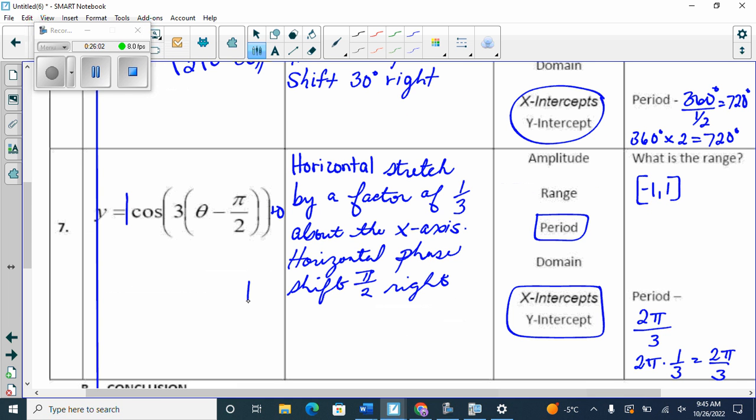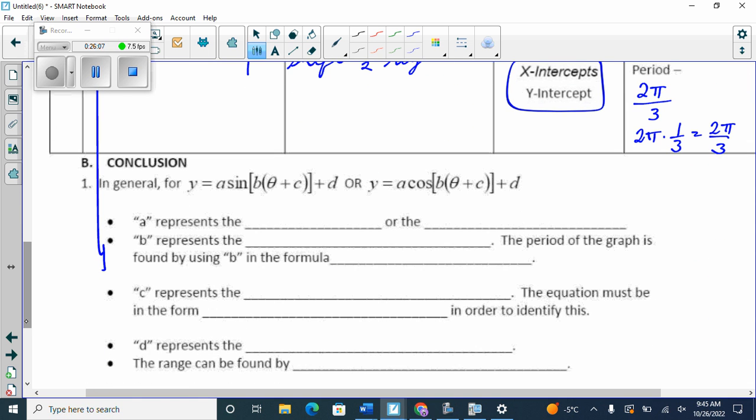I'm going to say the absolute value of A. We were technically going for the reflection of the vertical stretch, but I like absolute value of A better, and then it goes for the amplitude and vertical stretch. B represents the horizontal stretch.